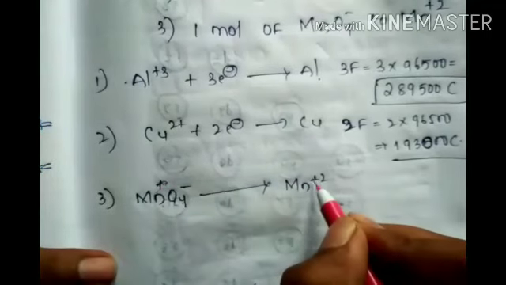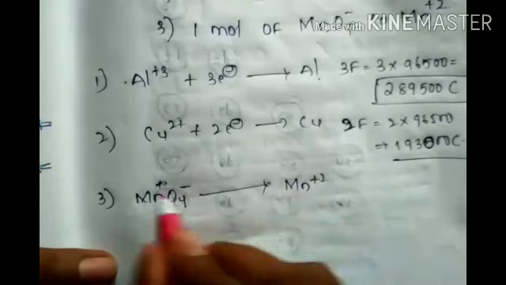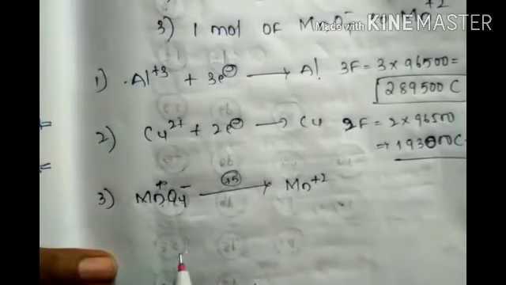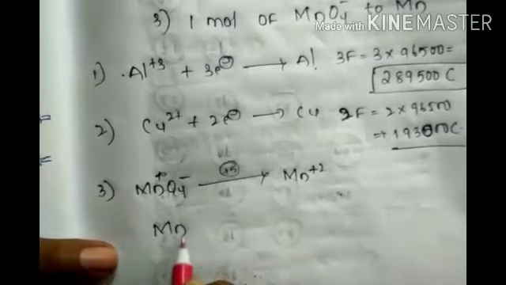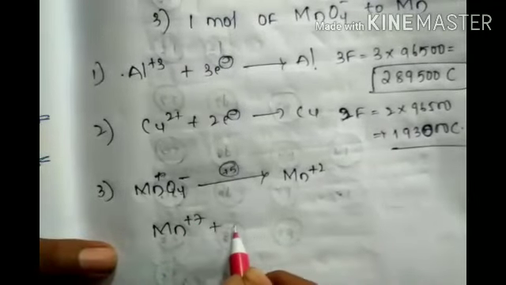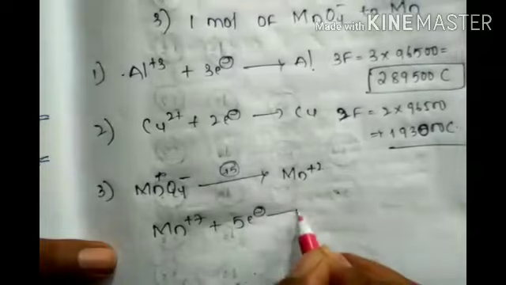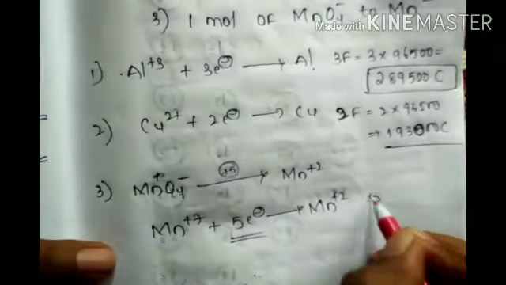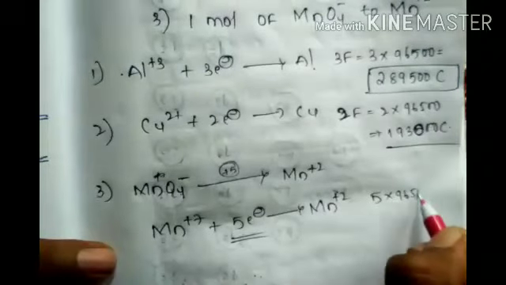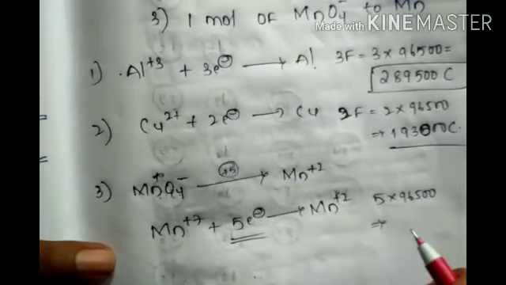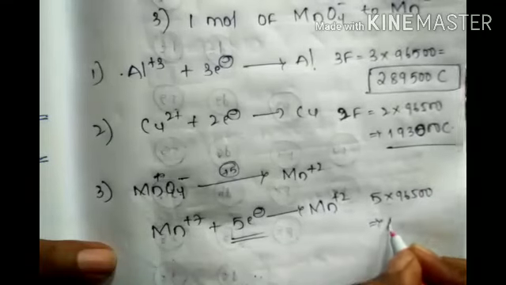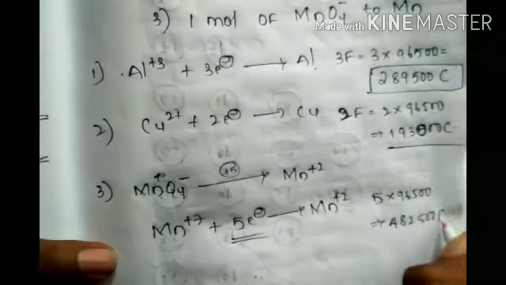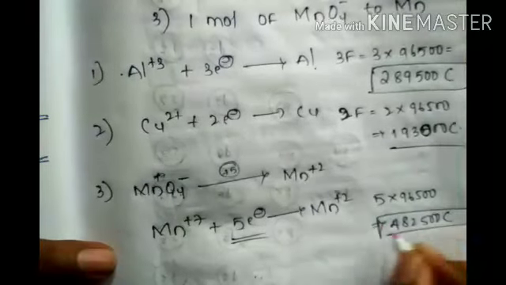Plus 7 to plus 2, the difference is 5. So Mn plus 7 takes 5 electrons to give Mn plus 2. So 5 into 96500, 4,82,500 coulombs charge is needed here.